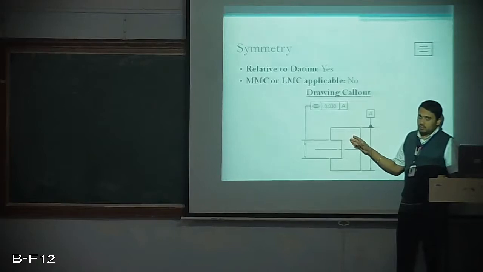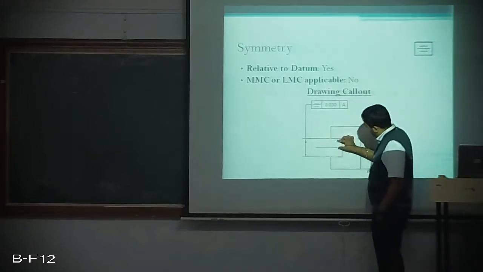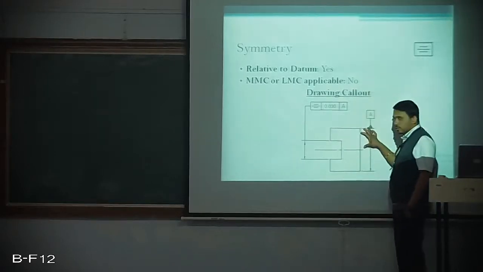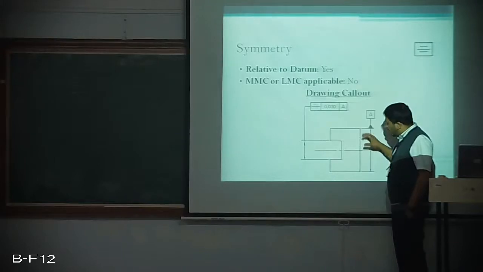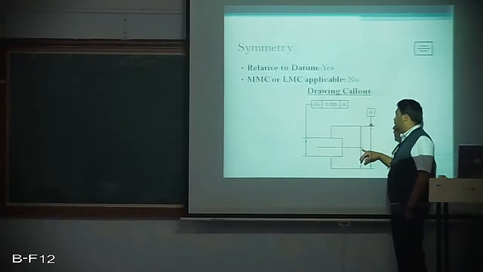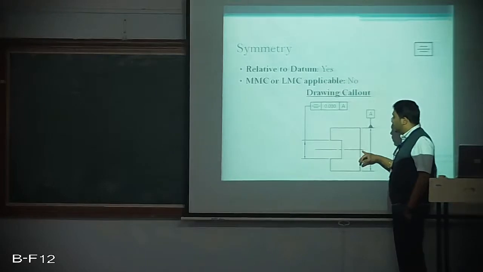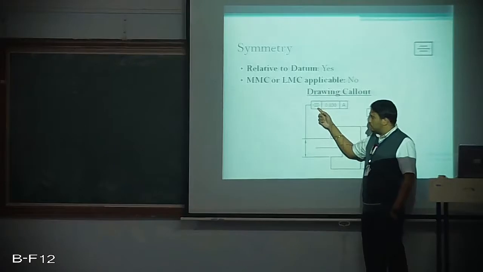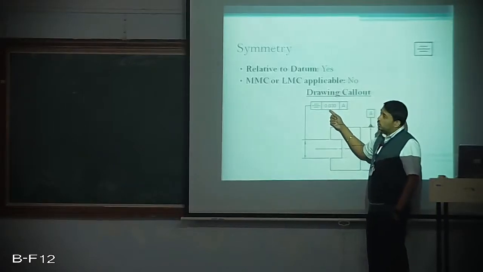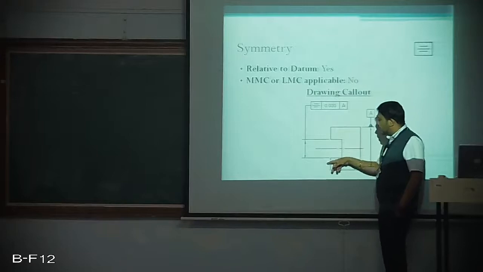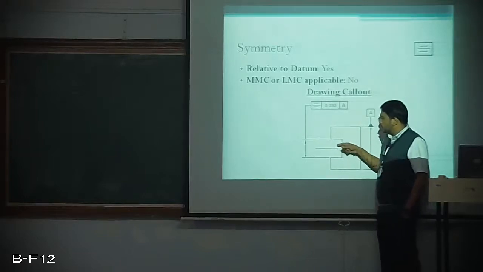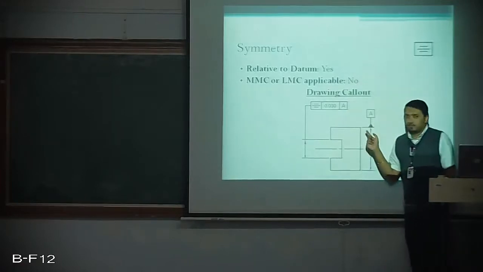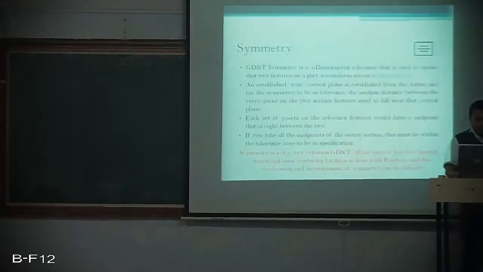So I could give this dimension, and this dimension, and this dimension with the required tolerances for this part, but instead I am going to use a symmetry symbol, followed by the tolerance to which this dimension has to be controlled, that is 0.030 with respect to datum A. That is what symmetry is used for.